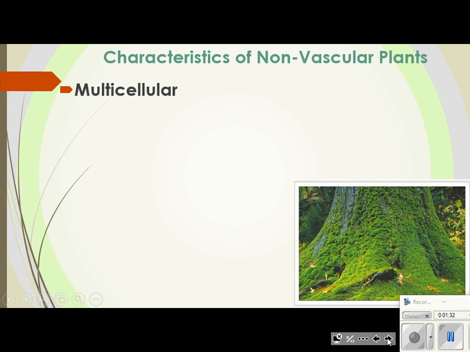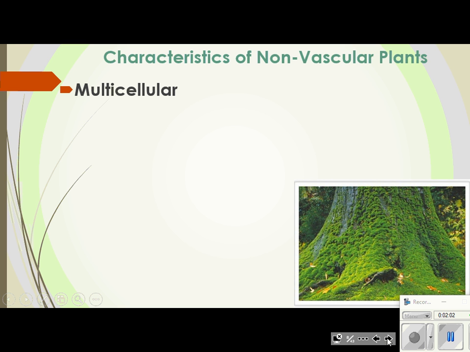So, when we talk about characteristics of non-vascular plants, well, they are multicellular. Let's stop and think. Multicellular. What type of cells do you think they have?